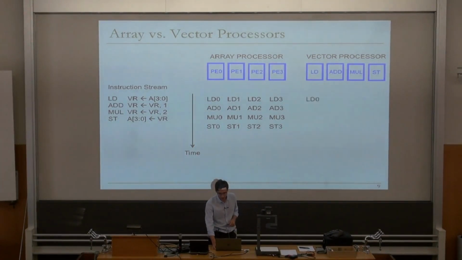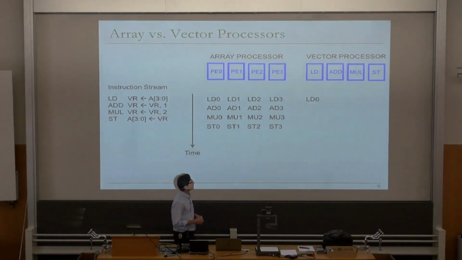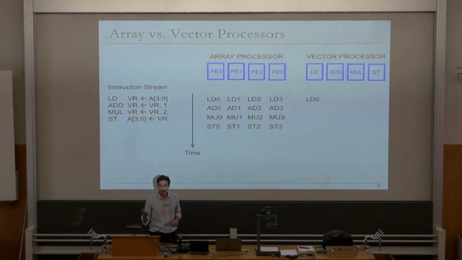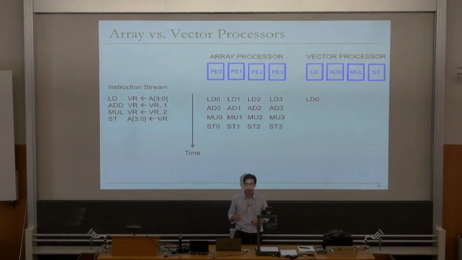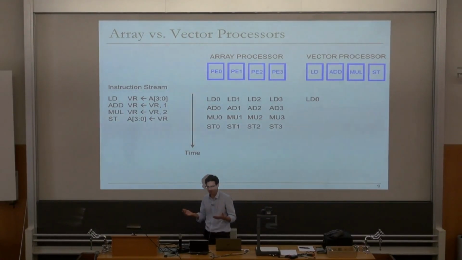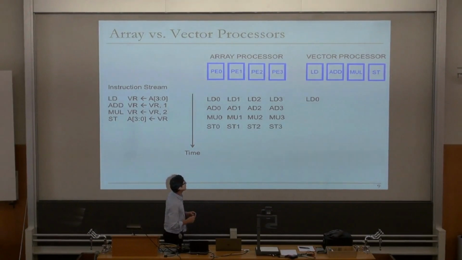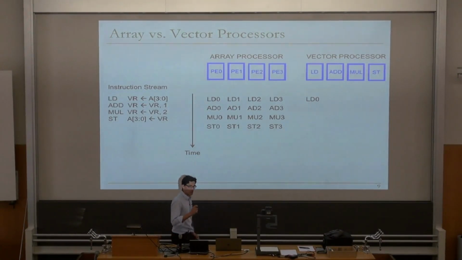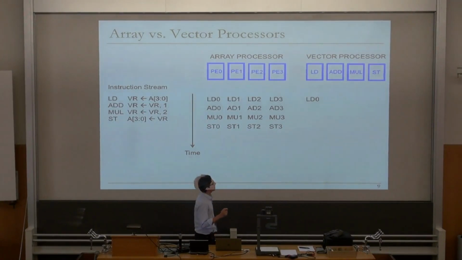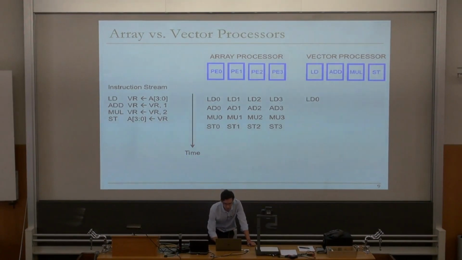And what about the vector processor? In the vector processor, we have 4 units, 4 processing elements, but as you can see, each of the processing elements is specialized on one specific operation, on one specific instruction. So the first thing that we will do in the first cycle is executing the load for element 0. And this is something that will be done by this load processing element that we have here.